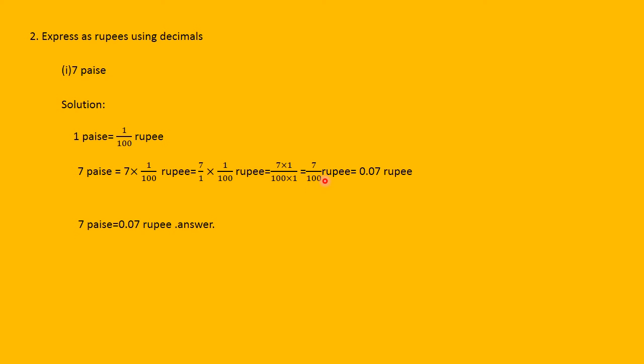Because it is divided by 100, you will put a decimal with 2 places after the decimal. So 1 place is 0 and the other one is 7. So 7 paise is equal to 0.07 rupee. That is the answer.